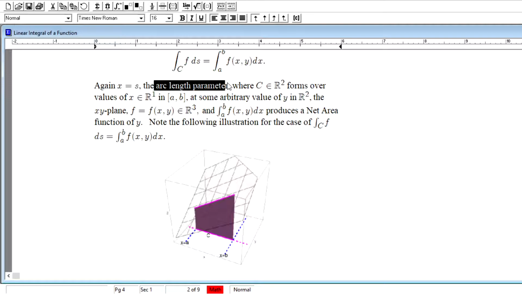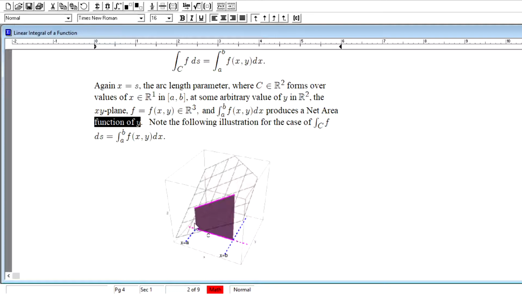And when C is described this way, and we perform the integration over C, the linear integral of C with respect to arc length on this multivariable surface, the result is a net area function of the variable y. What this results in is a description of the net area we see here in this, I don't know what kind of color to call this, maybe a deep red or purple color, trapped between these 2 magenta lines.